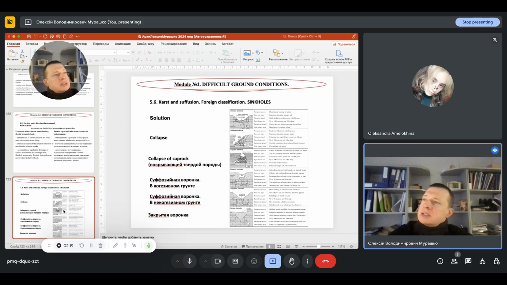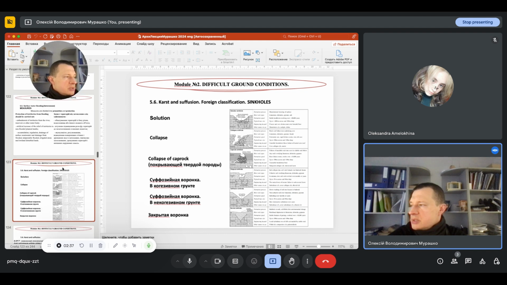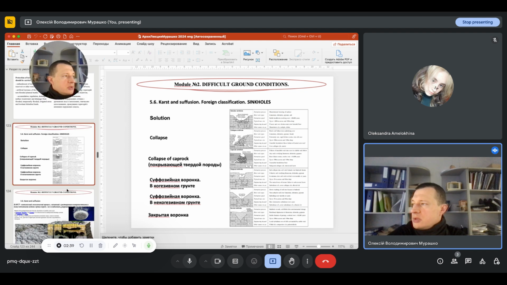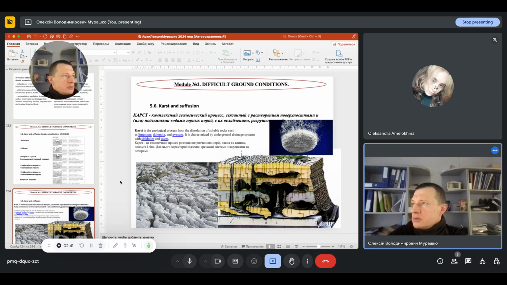So the next difficult ground condition which we will discuss is called sinkholes. Sinkholes are a huge problem in our territories because they can lead to emptiness or holes in the ground under our buildings. There are two types of sinkholes, called karst and submersion.